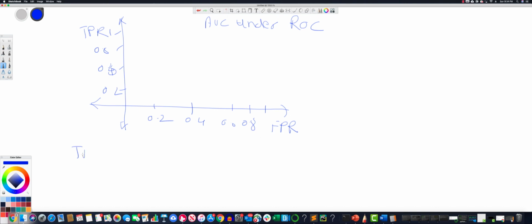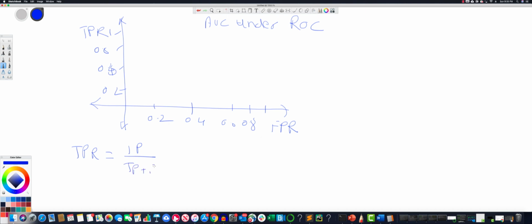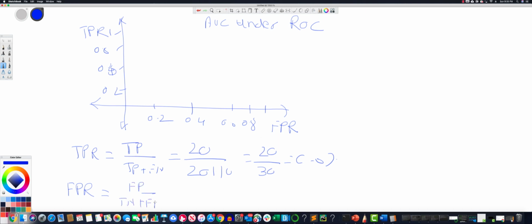True positive rate is equal to recall, TP divided by TP plus FN, right? So in this particular case, 20 by 30 is equal to 0.67, and false positive rate is equal to FP divided by TN plus FP.